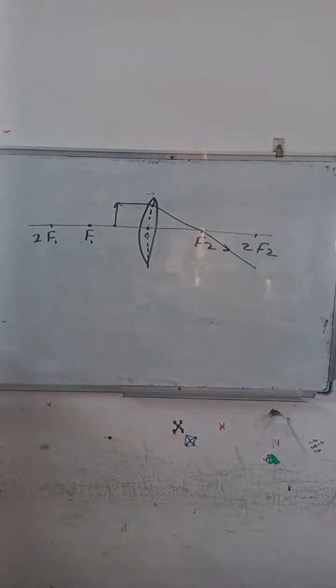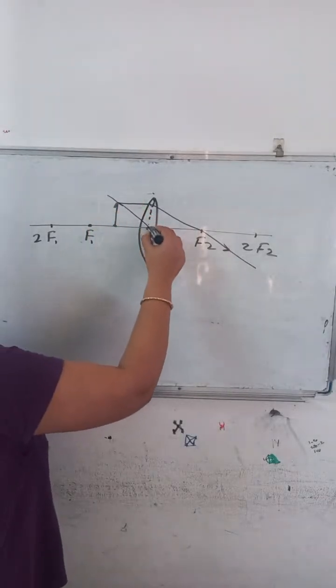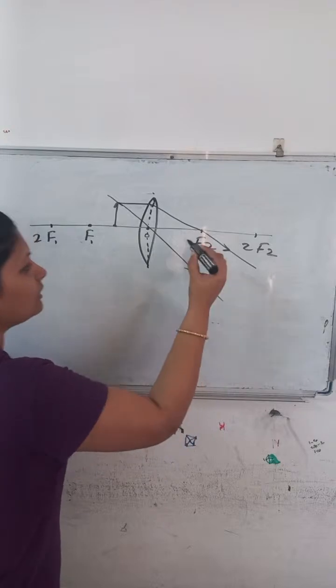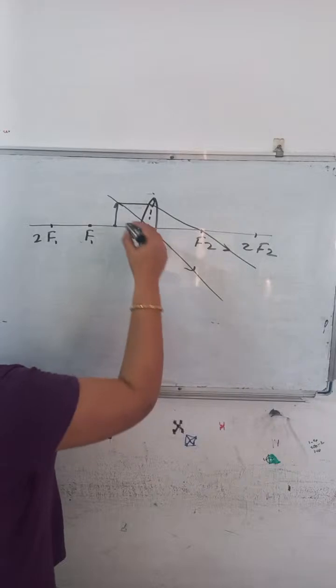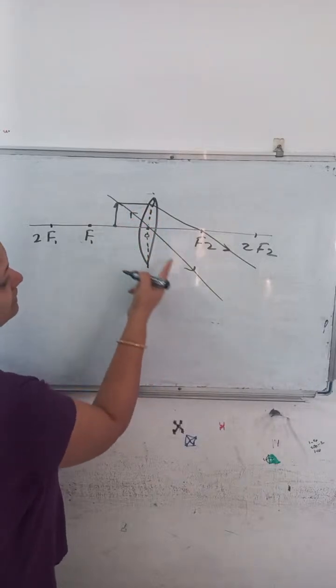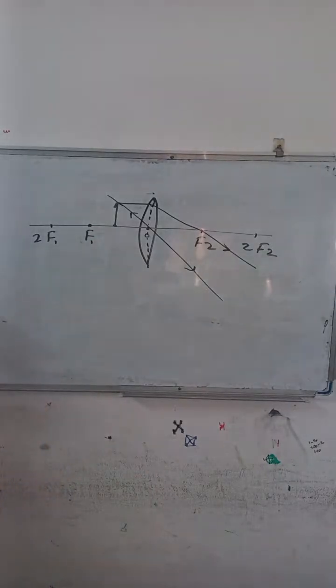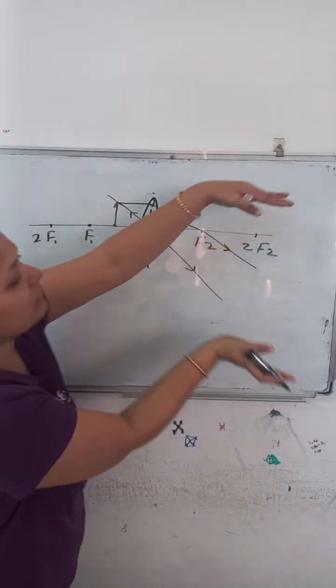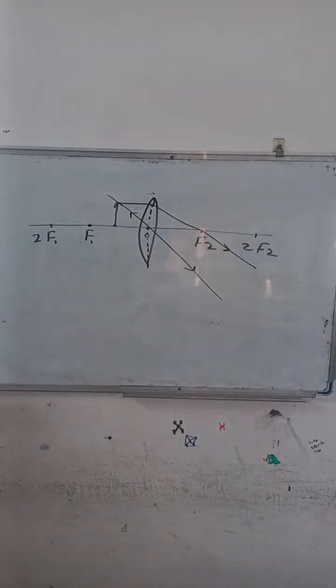Getting this? And another ray we pass through the optical center. Now see, the refracted rays are not meeting, and the ray passing through the optical center is refracted back on the same path. So they are not at all meeting together. They are going wide apart, as they are going for long distances.